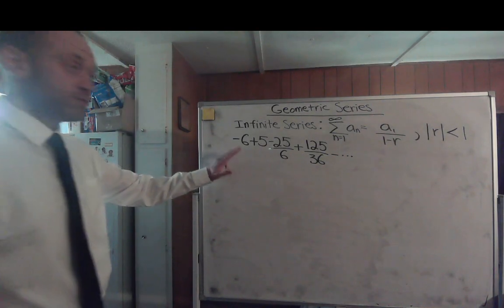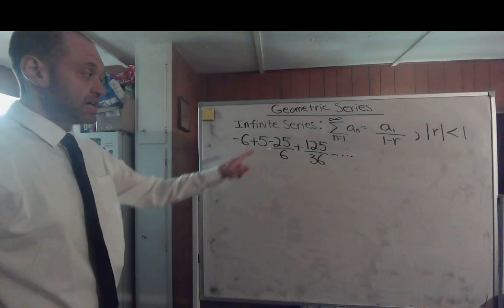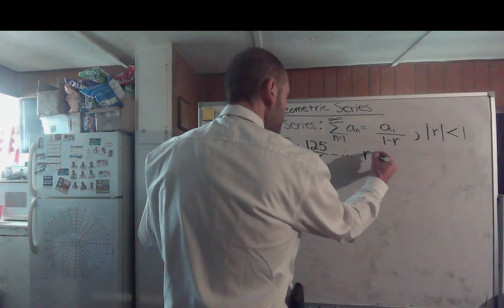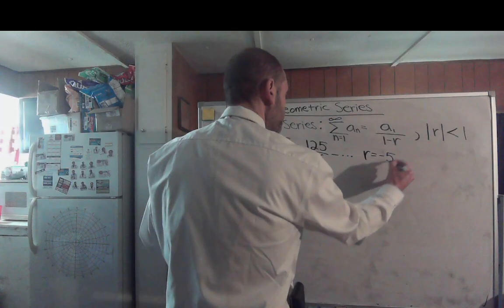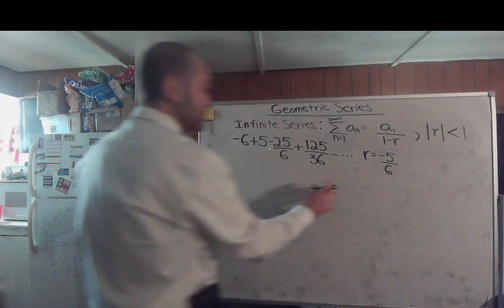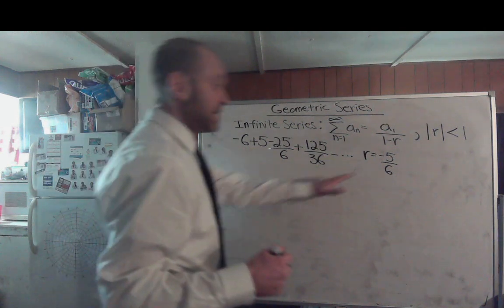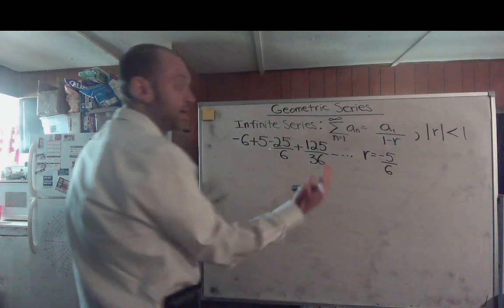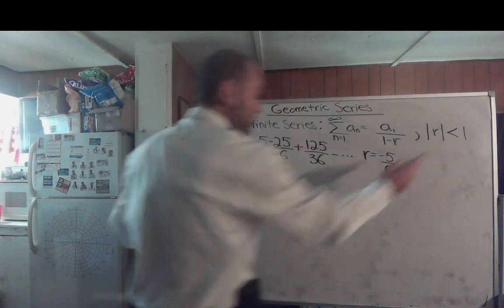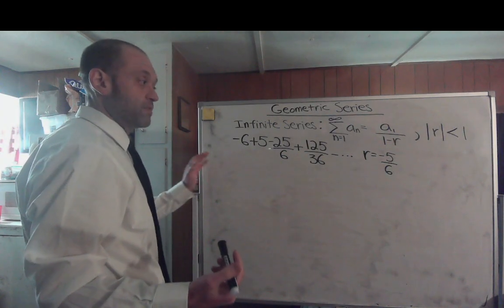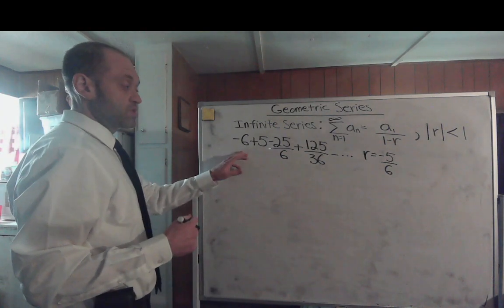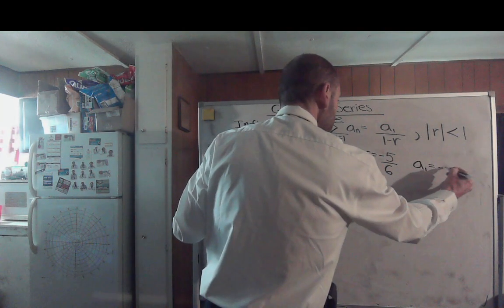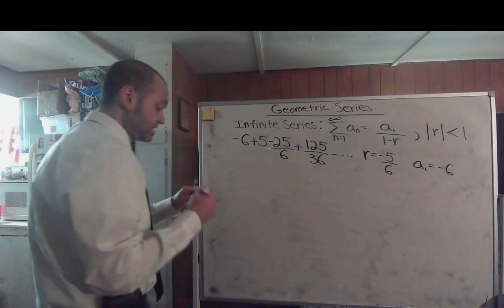Let's find the common ratio. The common ratio, take 5 over negative 6, you get a common ratio of negative 5/6. Alright, so your common ratio is going to be negative 5/6. Take the absolute value of that, you get positive 5/6, which is less than 1. So yes, we do have a sum for this. In our first term, a sub 1 equals negative 6. So a sub 1 is going to equal negative 6.